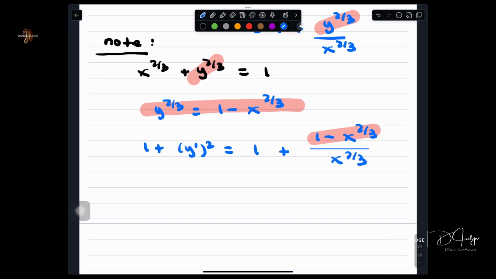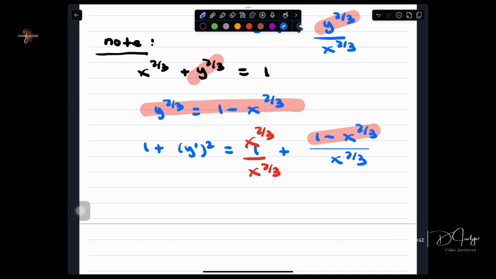So now we're going to have to add a whole number with a fraction. So remember what we can do. We can replace this 1 with x to the 2/3 over an x to the 2/3.